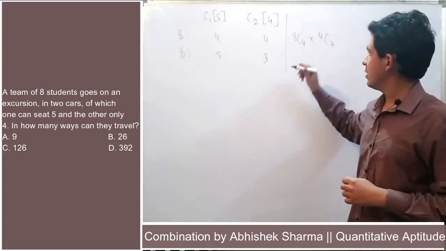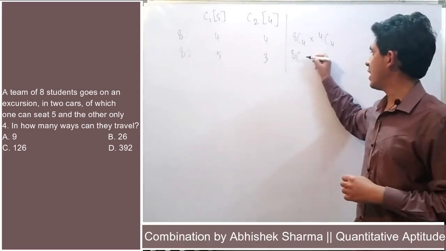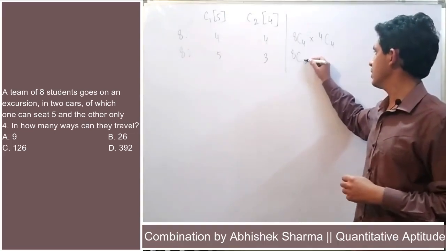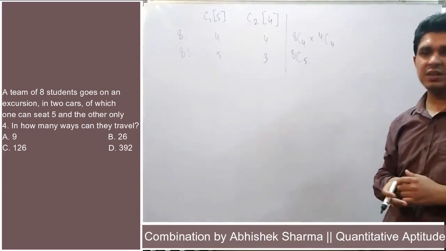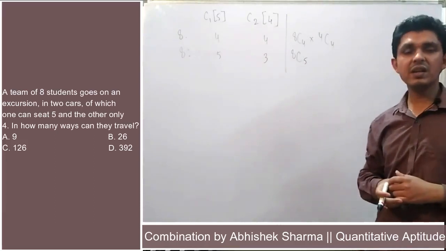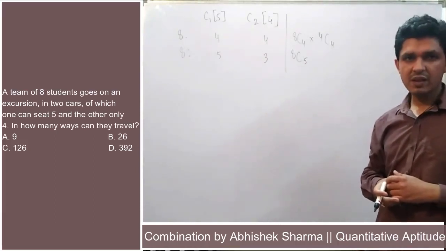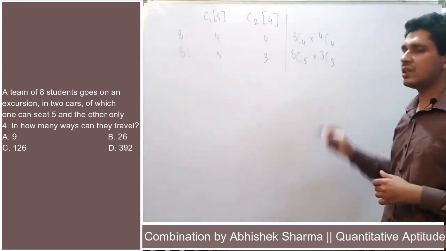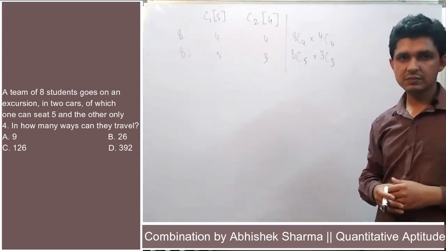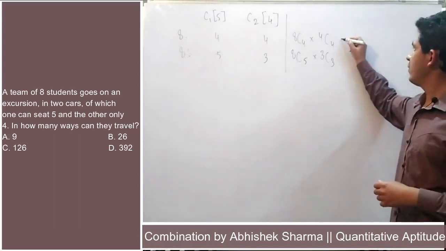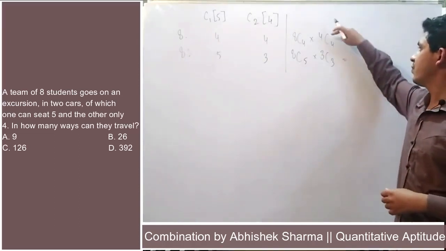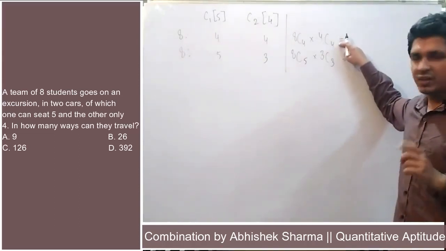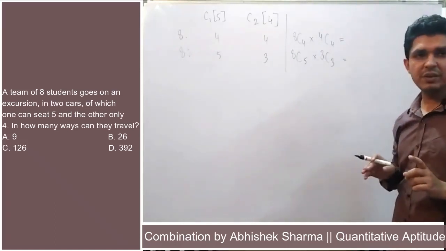Coming to the next part, if I have to select 5 persons from 8 persons, this can be done in 8C5 ways, and the remaining is 3. So this can be done in 3C3 ways, right? Okay, solving this, we know that 4C4 value will be 1 and 3C3 value will be 1.